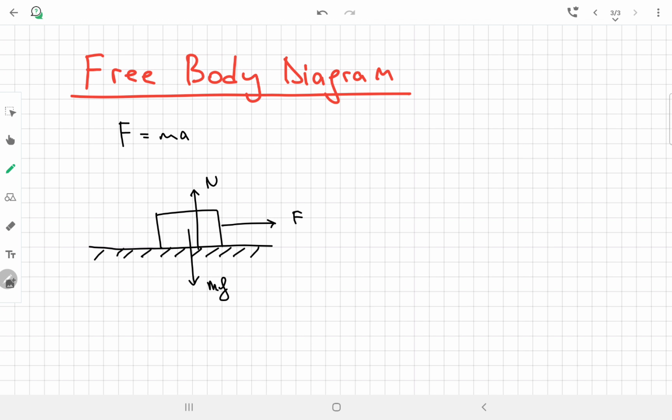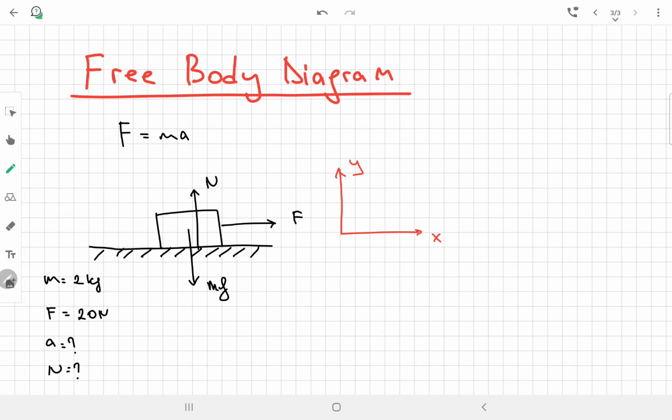Let's continue this example. Let's say the mass of this object equals 2 kilograms, and the force equals 20 newtons. Let's find the acceleration and the normal, reaction force. Again, it's better to draw axes, x and y, vertical y, horizontal x.